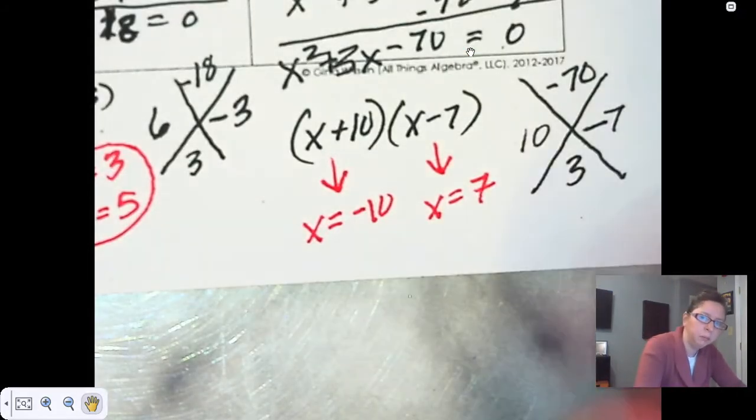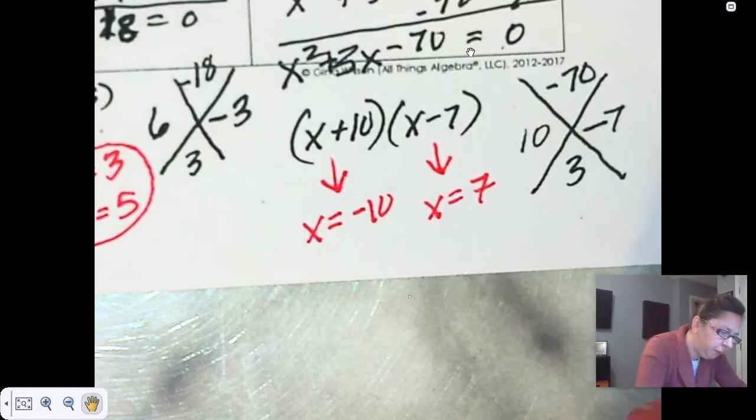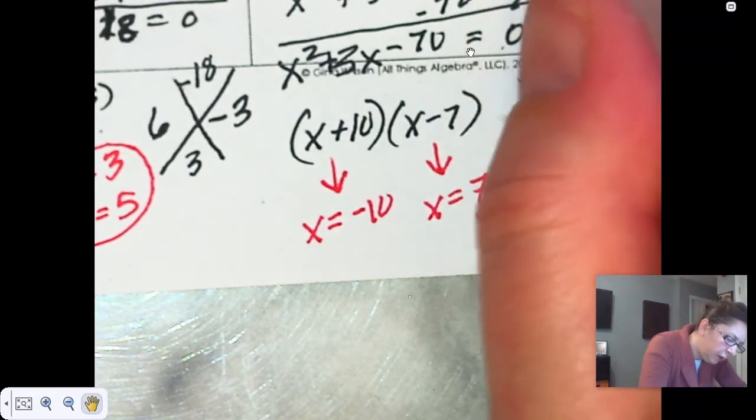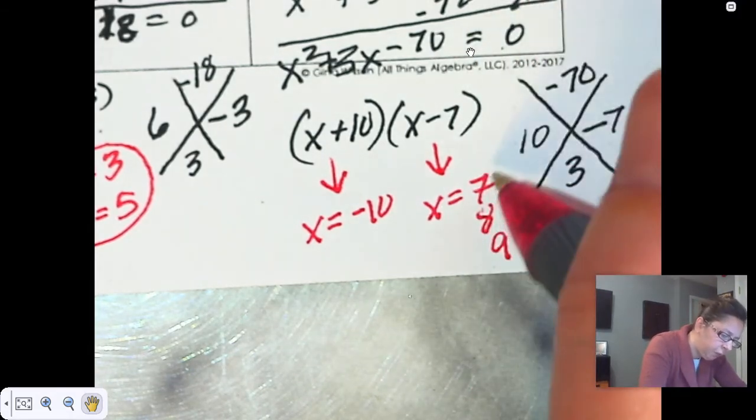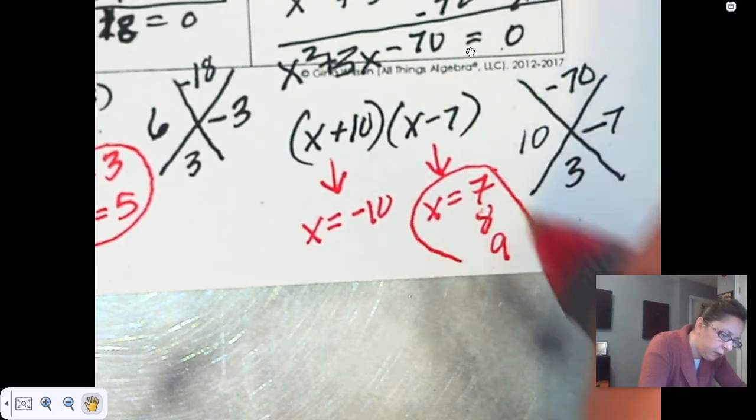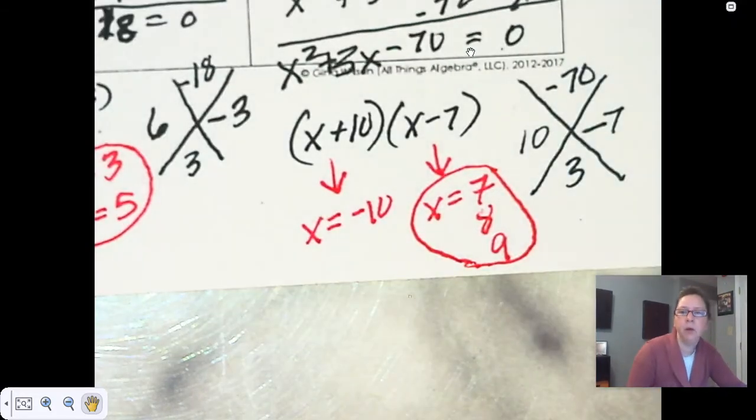So my numbers will be 7. These were consecutive, so 7, 8, and then 9. Those are my 3 numbers. All right, very good.